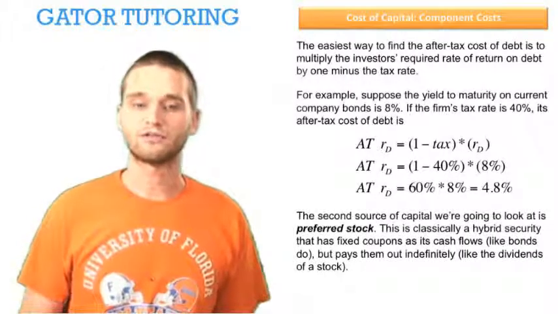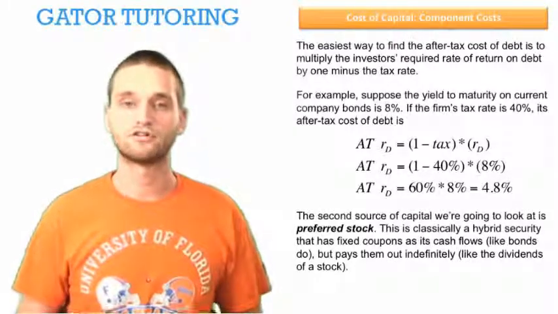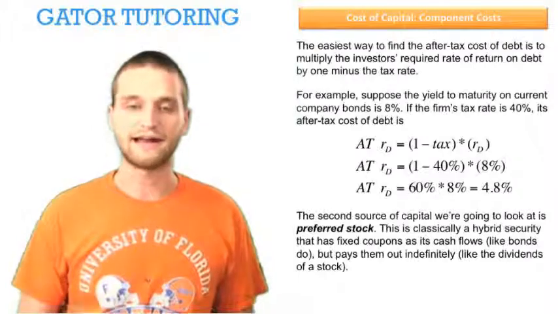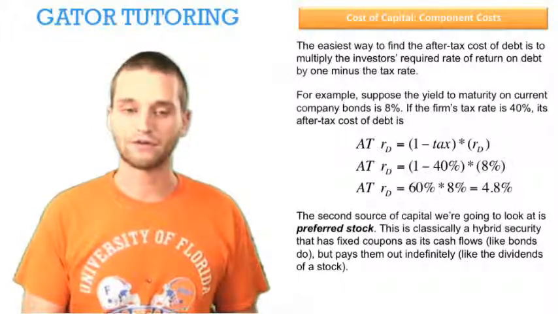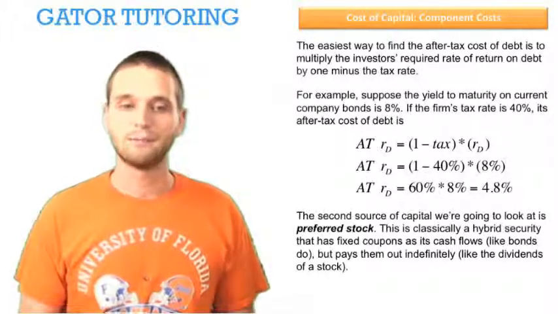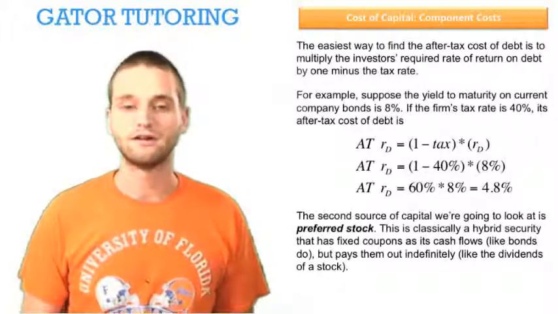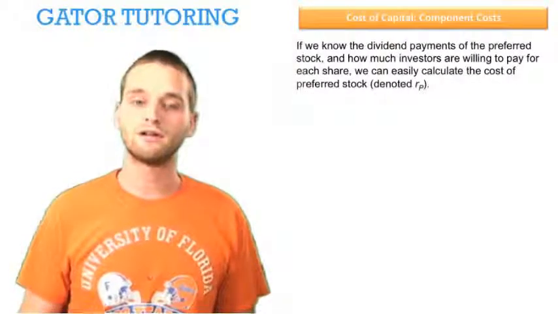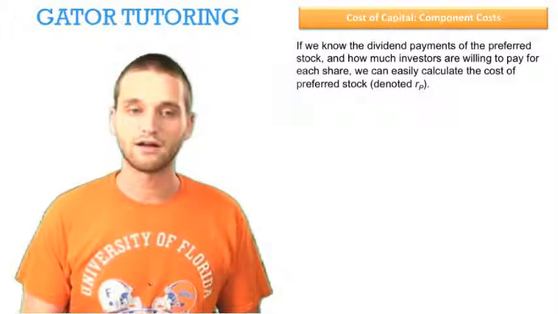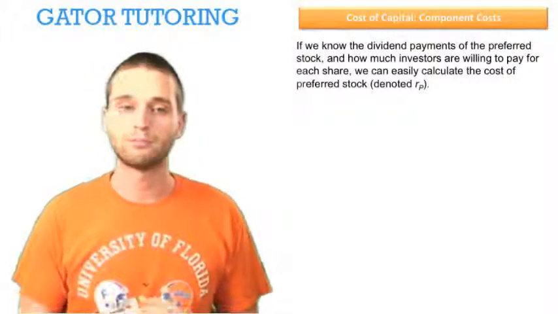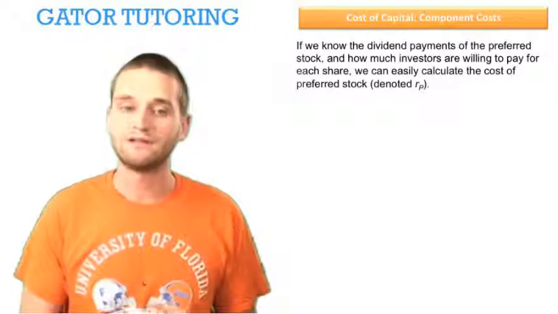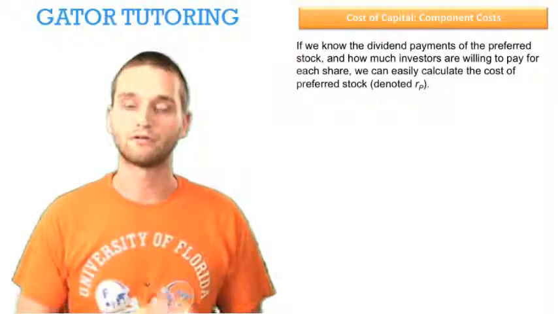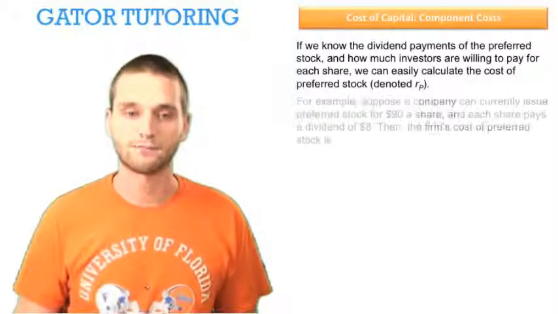The second source of capital we're going to look at is preferred stock. This is classically a hybrid security that has fixed coupons as its cash flows, like bonds do, but pays them out indefinitely, like the dividends of a stock. If we know the dividend payments of the preferred stock and how much investors are willing to pay for each share, we can easily calculate the cost of preferred stock, denoted R sub P, for the rate of return on preferred stock.